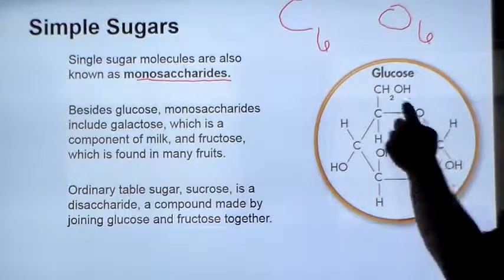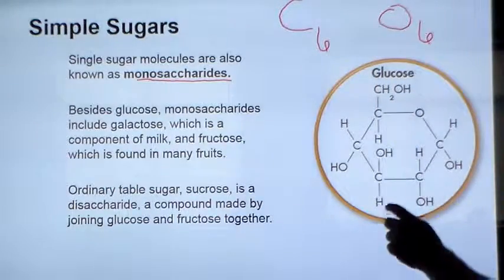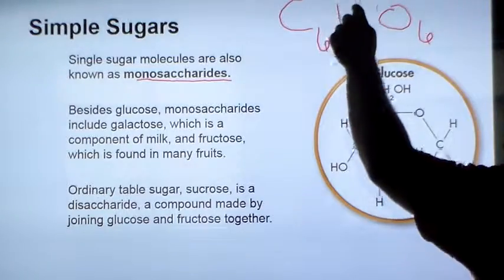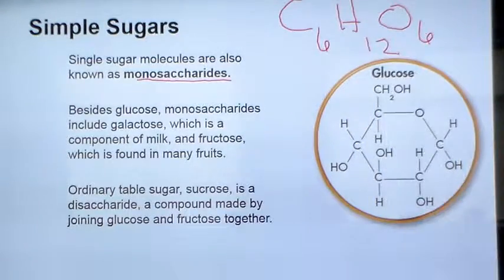And then we look at our hydrogens, 1 through 12. So our 1-to-1 ratio of carbon to hydrogen to oxygen. When you see a structure, that's how you know it's a carbohydrate, by seeing that formula. So basic building blocks of carbohydrates, monosaccharides, its function is it gives us short-term energy.